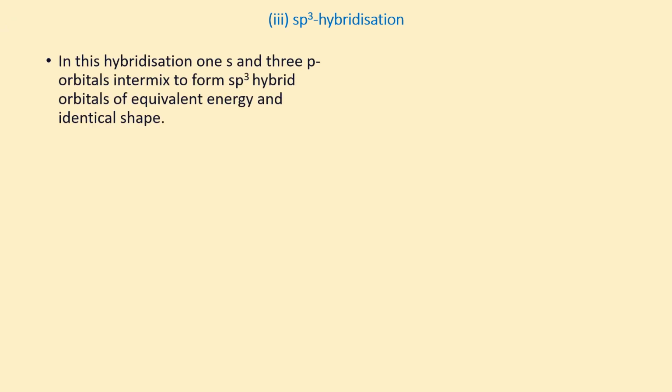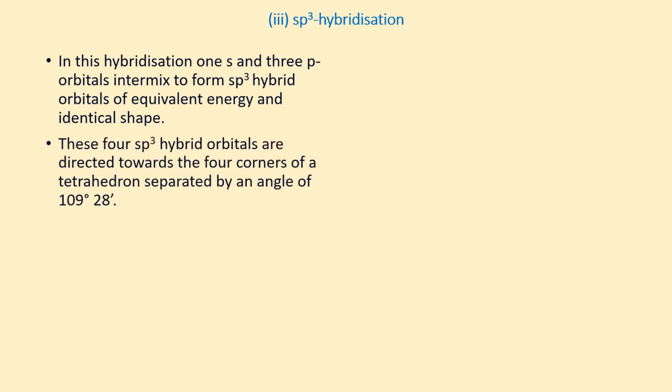sp3 hybridization. In this hybridization, one s and three p orbitals intermix to form sp3 hybrid orbitals of equivalent energy and identical shape.